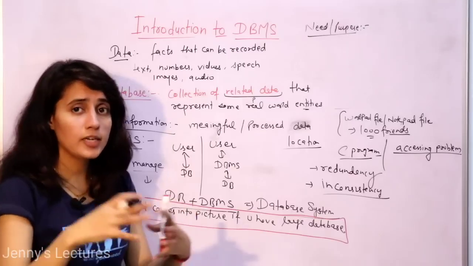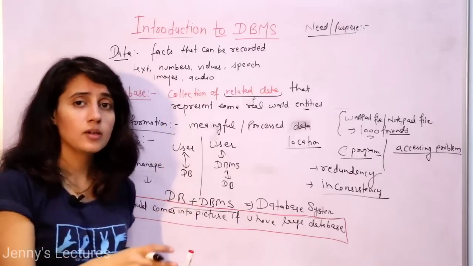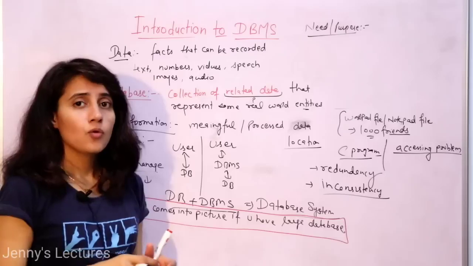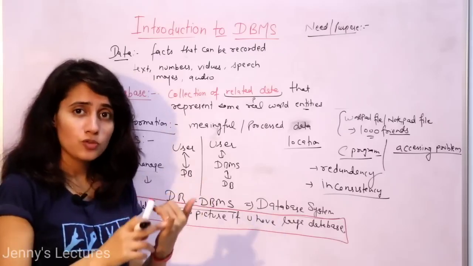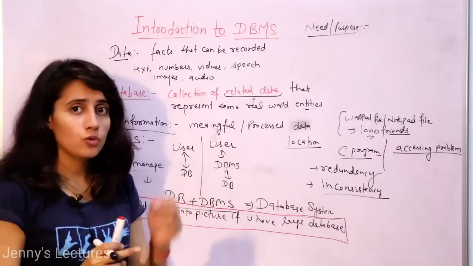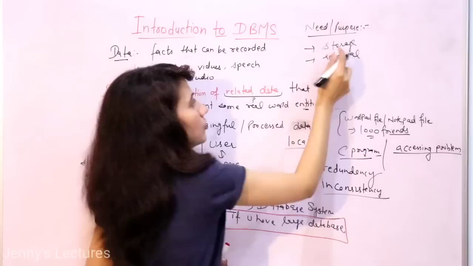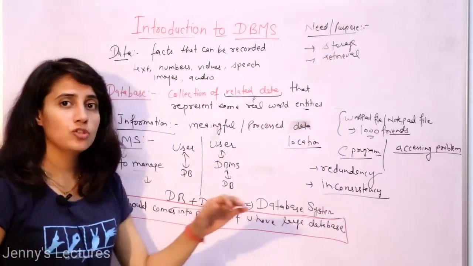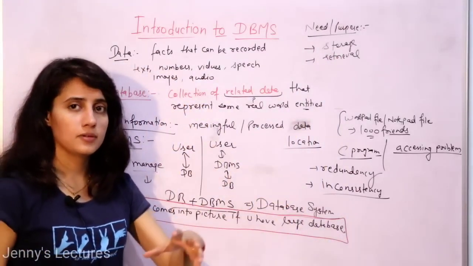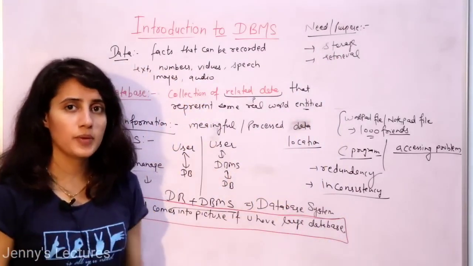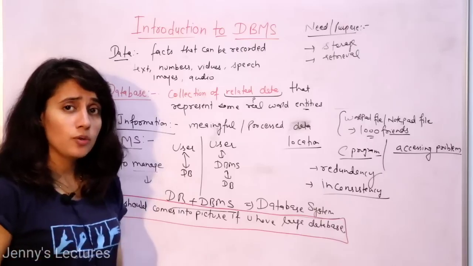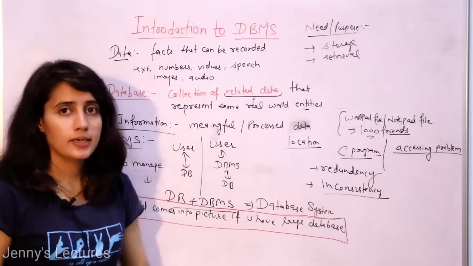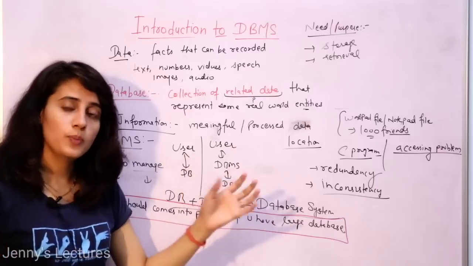If you are dealing with a large amount of data, what is the priority? How to store that data, plus retrieval of that data. Two important points. Storage means the data should be stored so that it takes less space, meaning there should not be any redundancy, and you cannot store duplicate data.